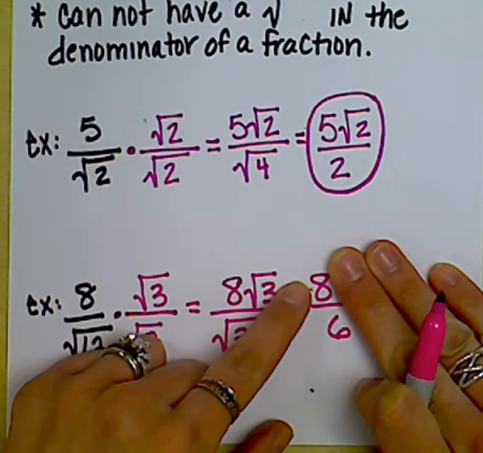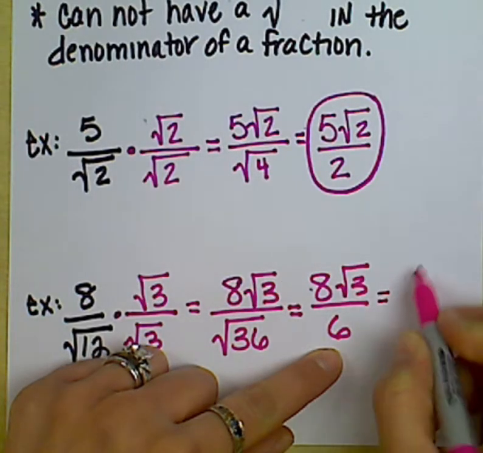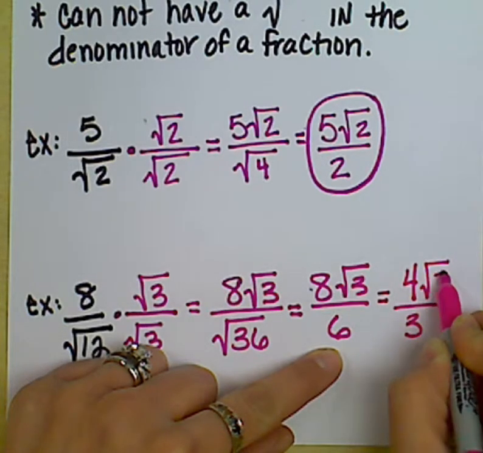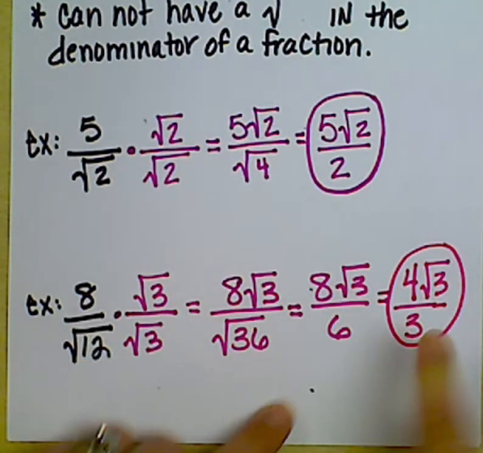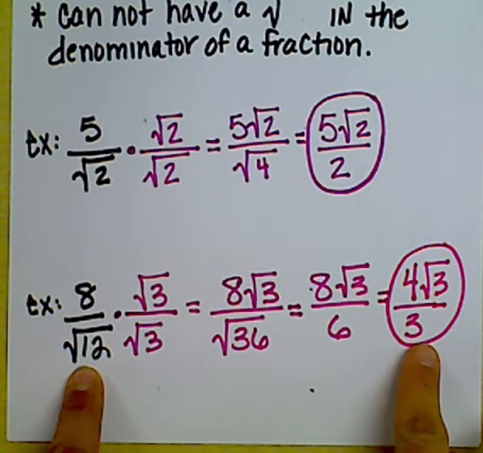So 2 goes into 8 4 times, 2 goes into 6 3 times, which is now why you see 4 over 3, but don't forget that we're still multiplying in that radical 3. This value and this look very different, but if you plug them into your calculator, you would get the exact same decimal. This is the rationalized version of that fraction.